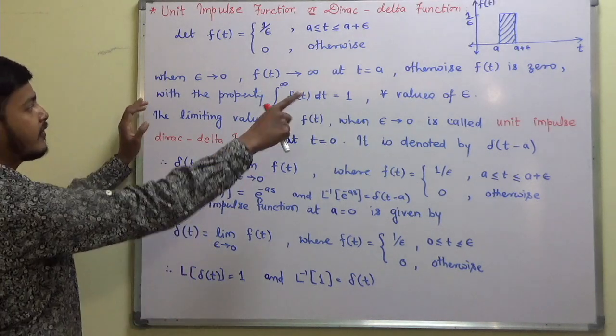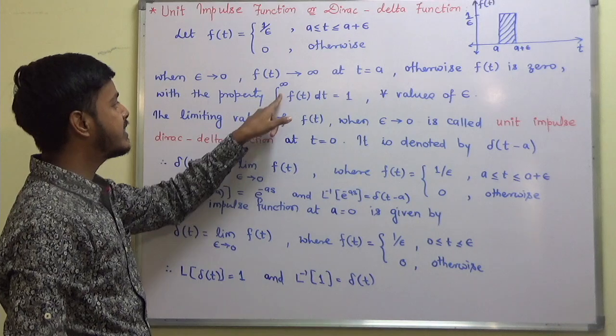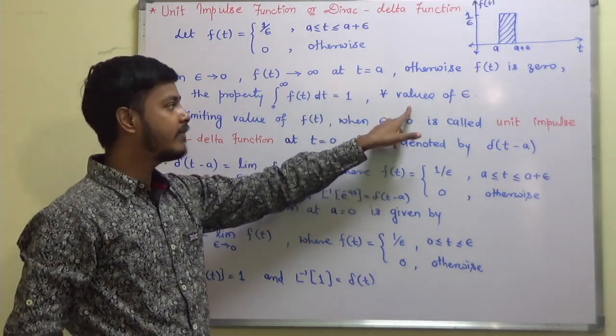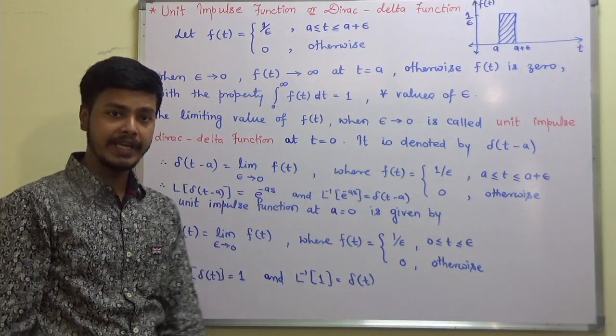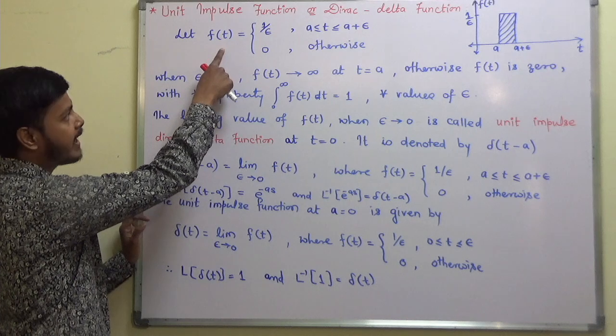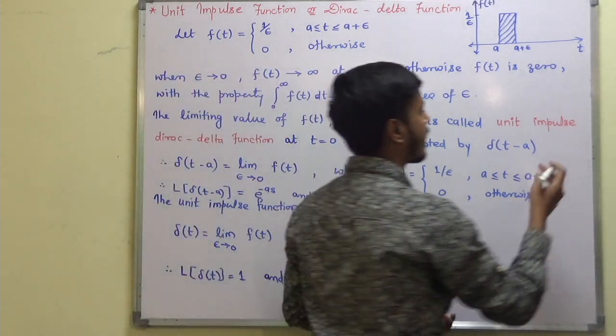Now we have the property that the integration from 0 to infinity of f of t dt is 1 for all values of epsilon.